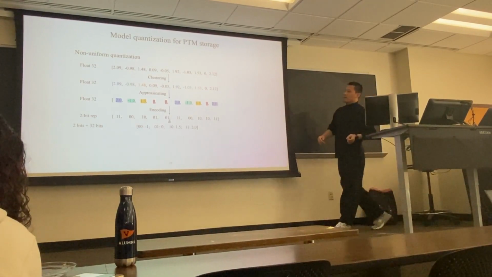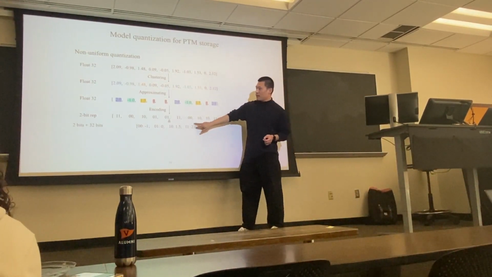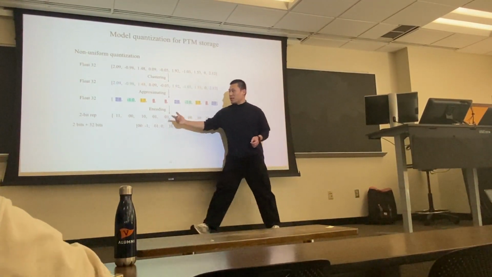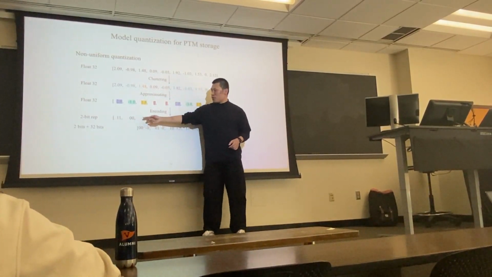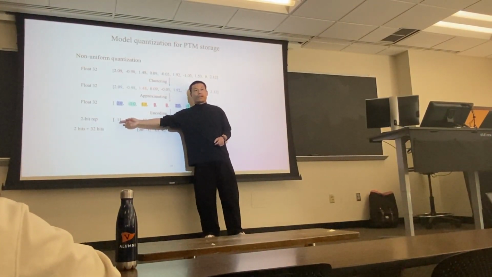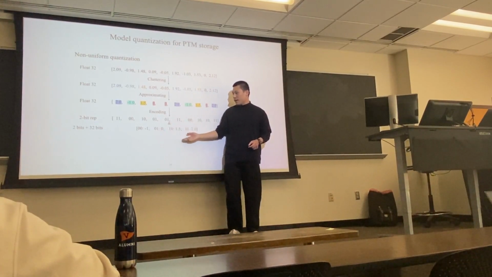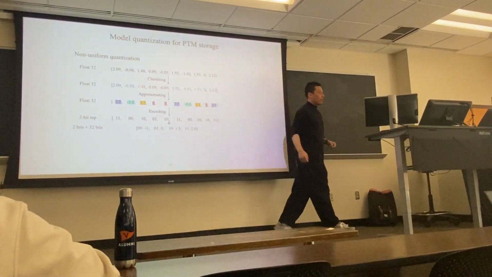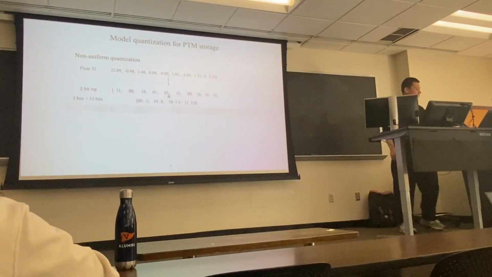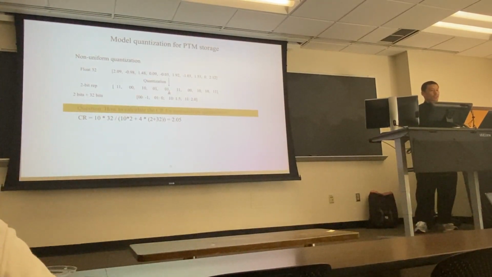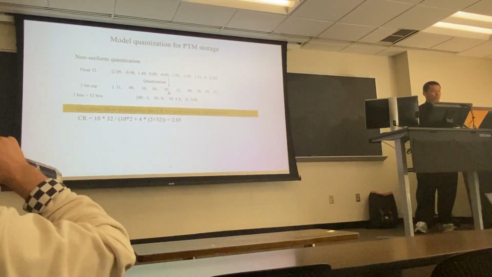Then this can be a 2-bit representation: 0, 0 means 0, 1, 1 means 3, right? And this is the code book. Now we finished the quantization, which is pretty simple.